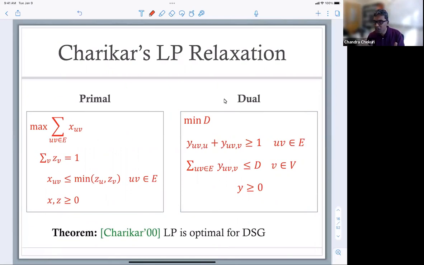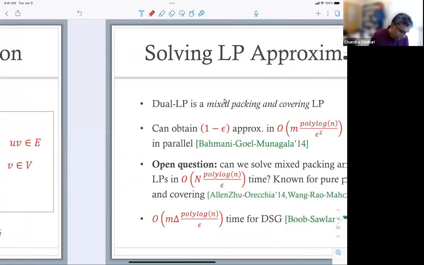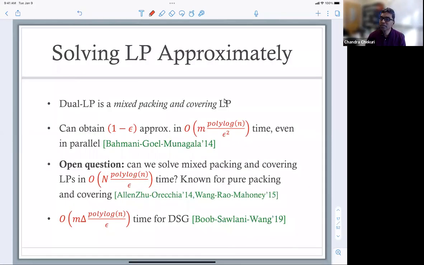And it has some nice features, and because of that, we know good ways of solving this LP approximately and quickly using standard techniques like multiplicative weight updates. So that's a nice advantage of the LP that Moses gave. First, it's an exact relaxation, and the dual has some nice features which allow us to solve it efficiently and approximately. Even though it's an LP, it has some structure which allows us to solve it fast.